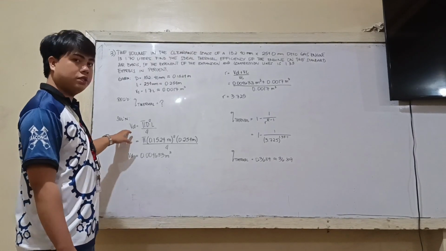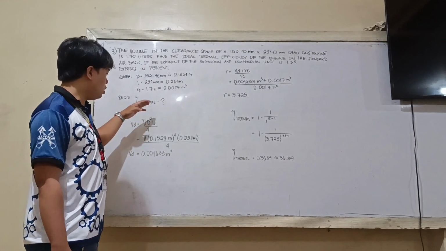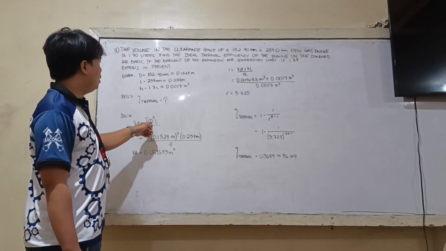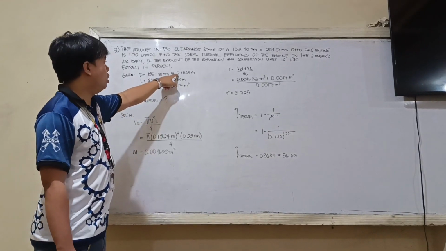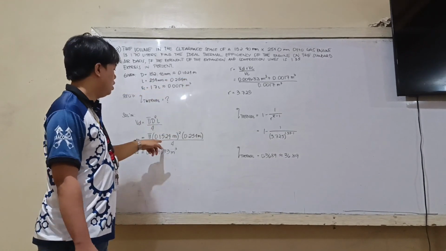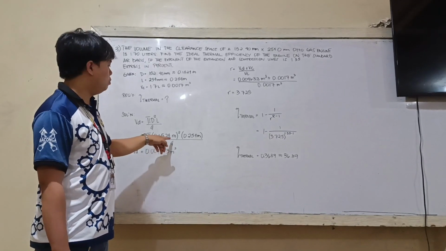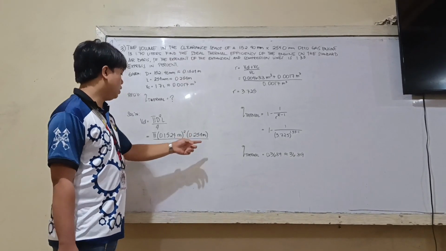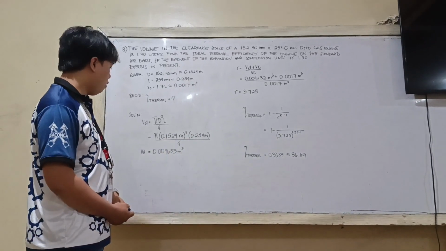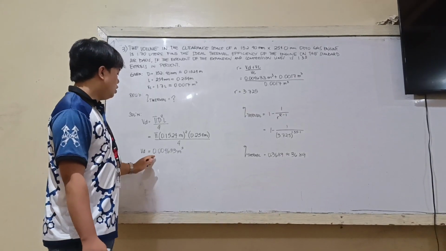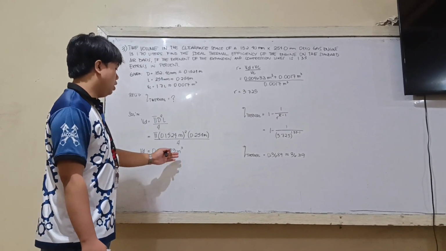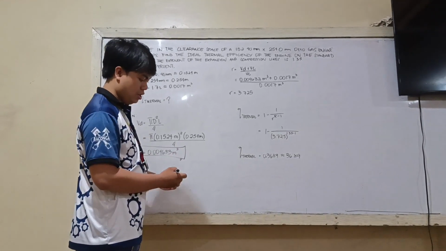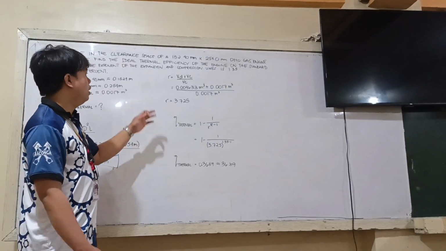The formula for VD is pi D squared times L over 4. So pi times D, our D is 0.1524 meters, 0.1524 meters squared, times our L is 0.254 meters over 4. So we have our VD of 0.004633 cubic meter. Next, since we have VD, we can solve r.